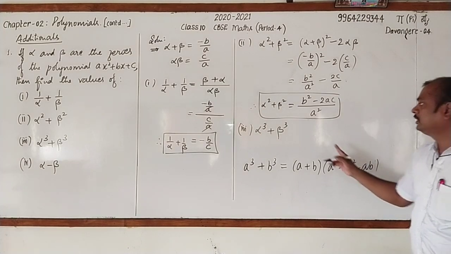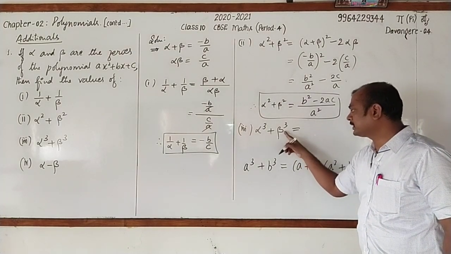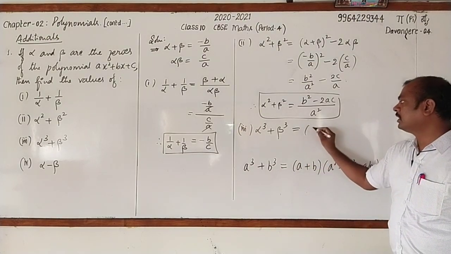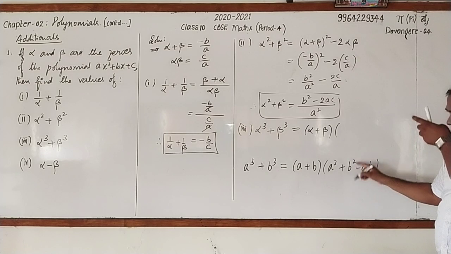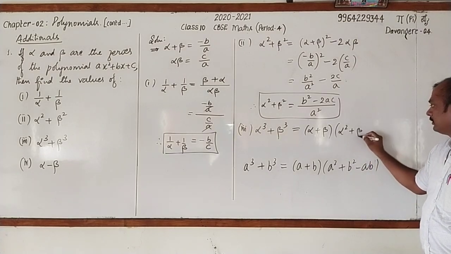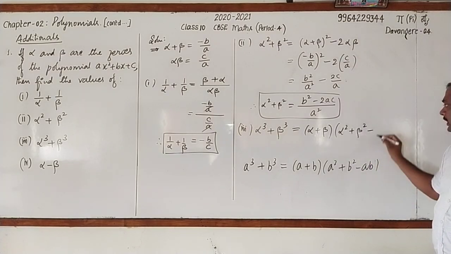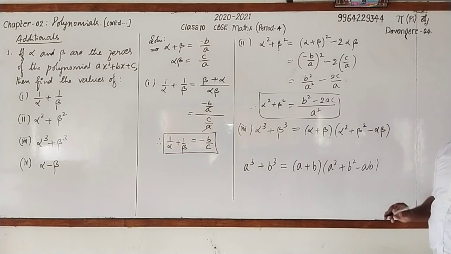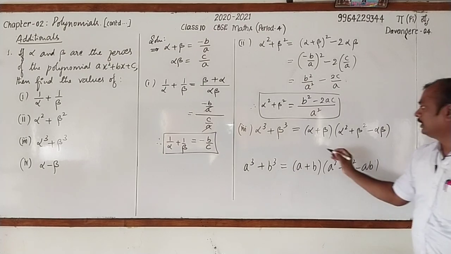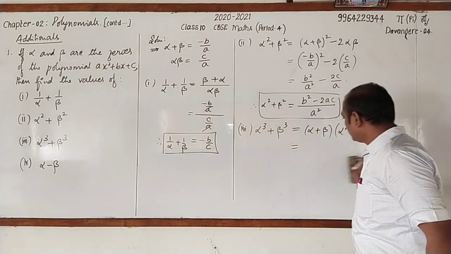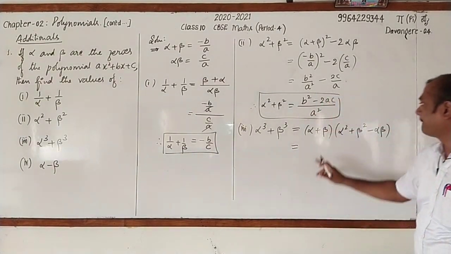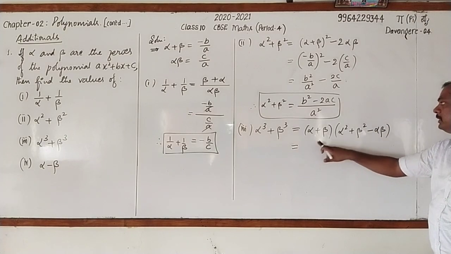Right? Alpha cube plus beta cube can be written as alpha plus beta into alpha square plus beta square minus alpha into beta. Followed? Now this is equal to, we know alpha plus beta, that is minus b by a.